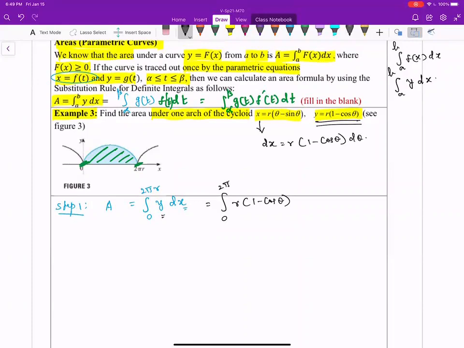So if you take the differential of x, that will be r times (1 minus cosine theta) d theta. This is dx, and this is the part we want to integrate. If we reduce this, it is the integral over 0 to 2 pi; r squared is a constant, and you get (1 minus cosine theta) the whole squared d theta.